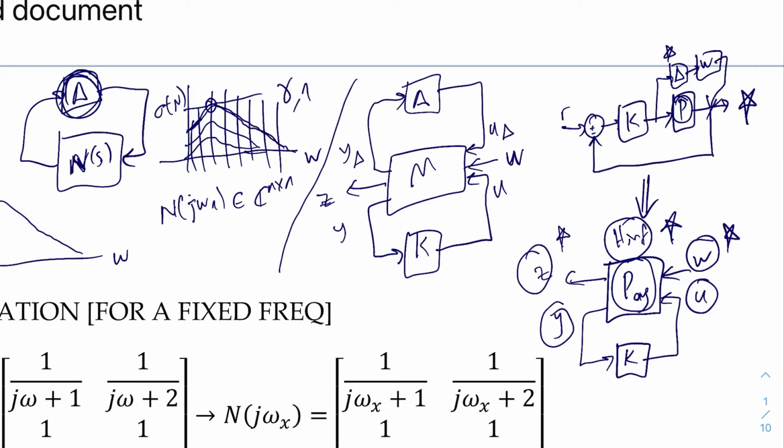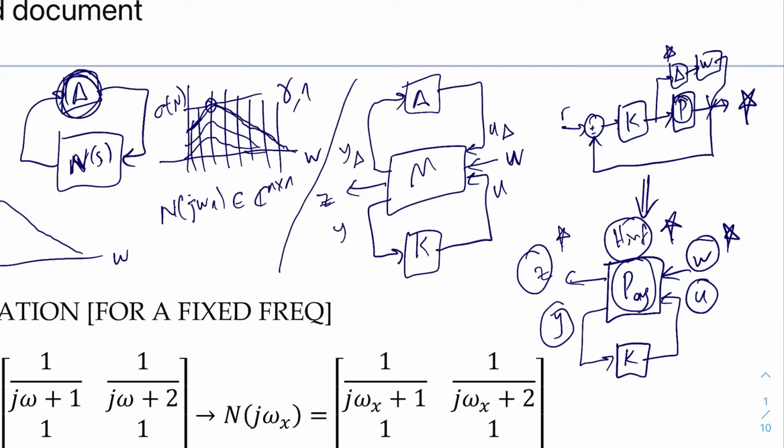So if we have some information about plant uncertainty, and I'm not specifically talking about parameter uncertainty, which is a type of uncertainty, however, like the uncertainty that can be distributed across the frequency domain. Okay, so this is the H infinity framework.